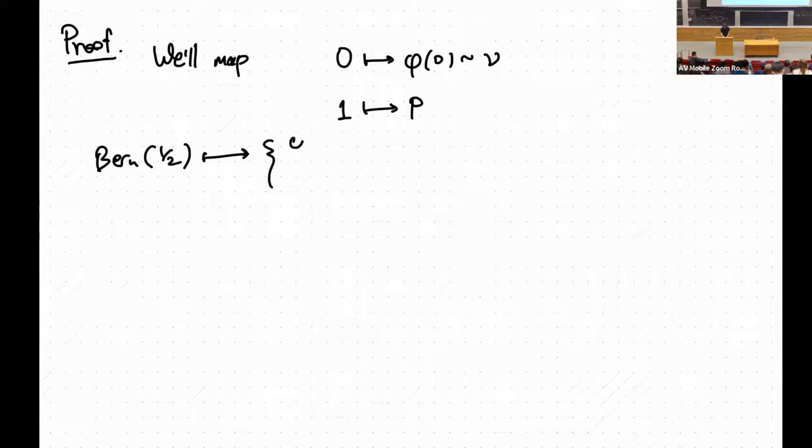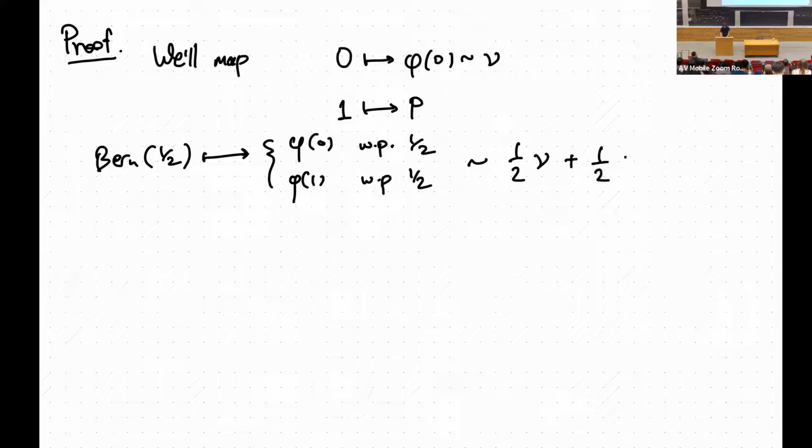Well, with probability half, we see a 0, and then we draw a sample distributed according to phi of 0. And with probability half, we see a 1, and then we output phi of 1, which is sampled according to P. So the distribution here is the half-half mixture of nu and P.